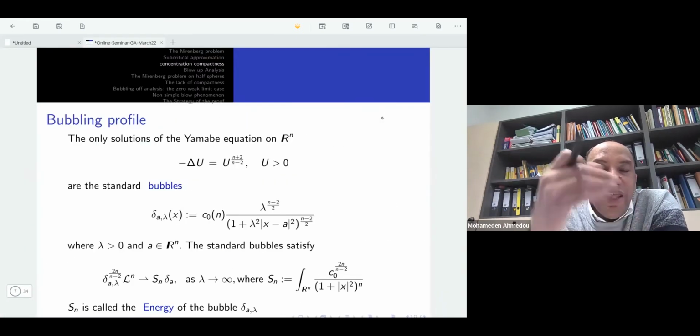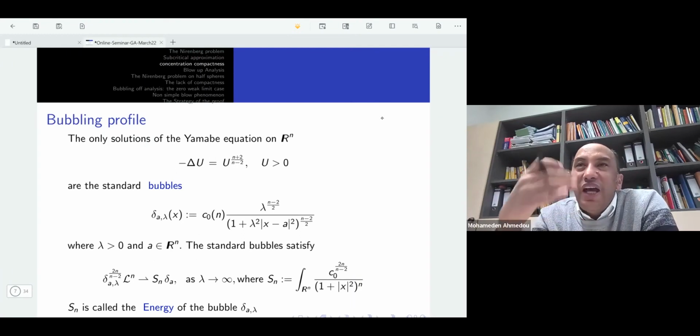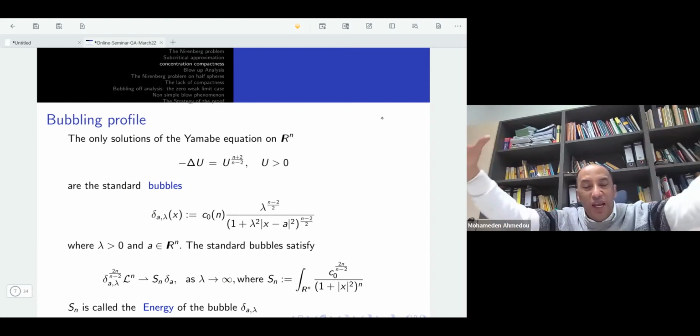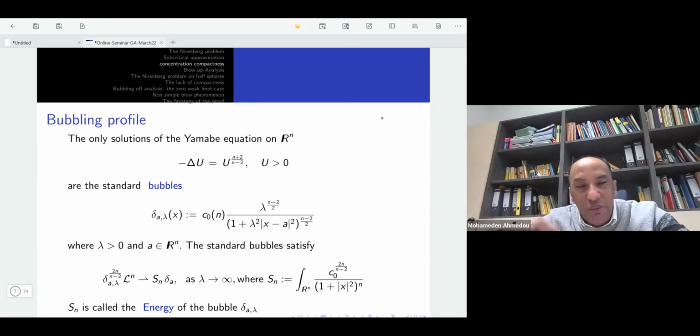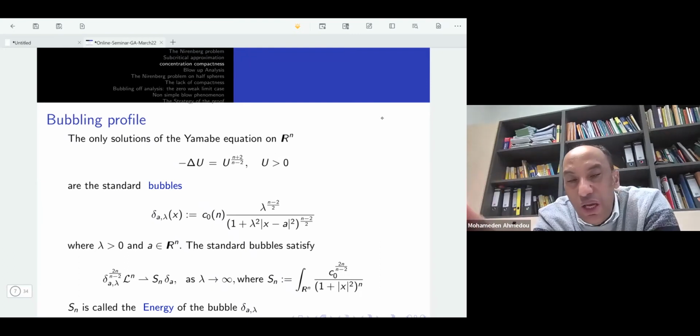The reason for this concentration of compactness is that when you make a rescaling, you get a function on R^n, which is a profile of the blow up, and this function satisfies the following equation: minus Laplacian of u equals u to the power (n+2)/(n-2), and of course, you ask u to be positive.